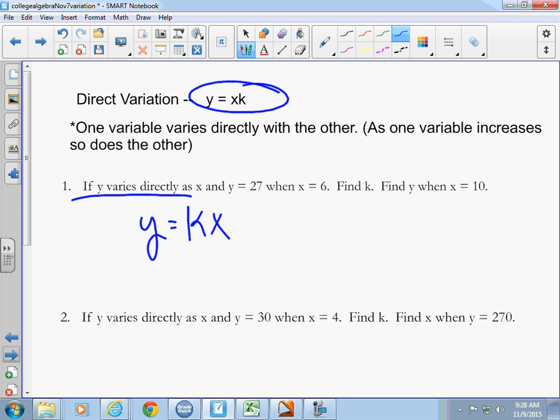It tells me that y equals 27 when x equals 6. If I know that, can I find k? Y equals 27 and x equals 6.